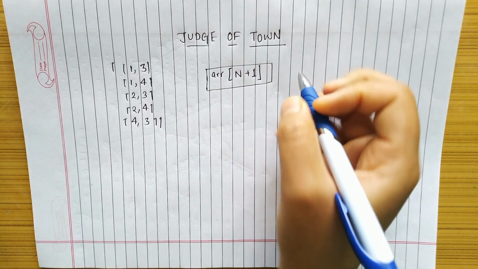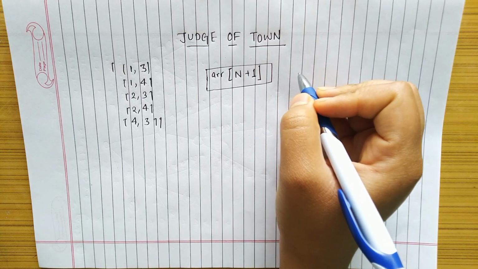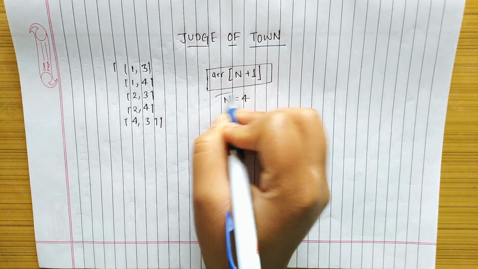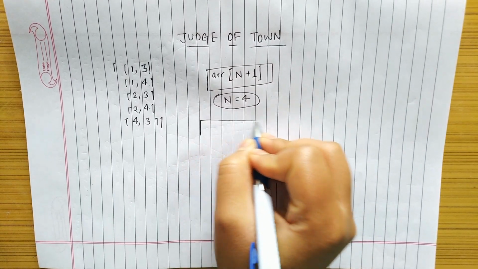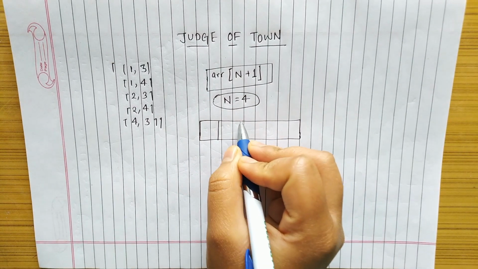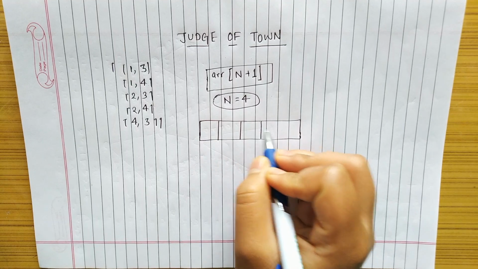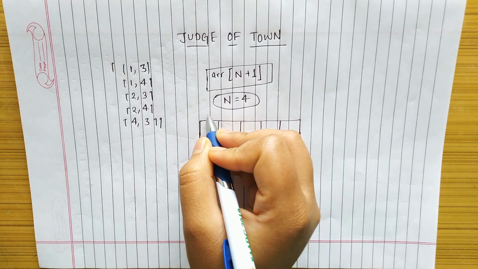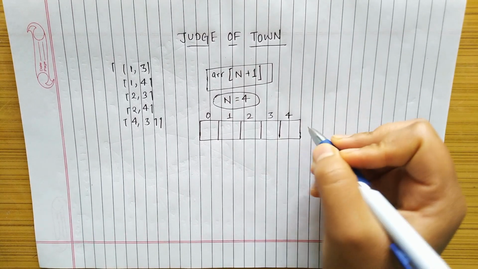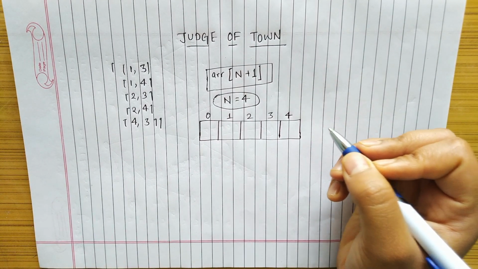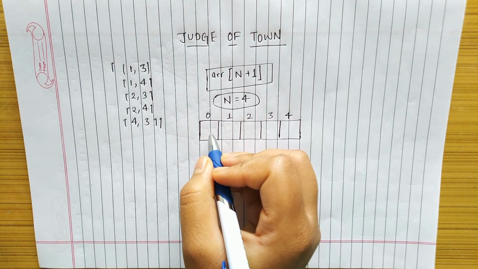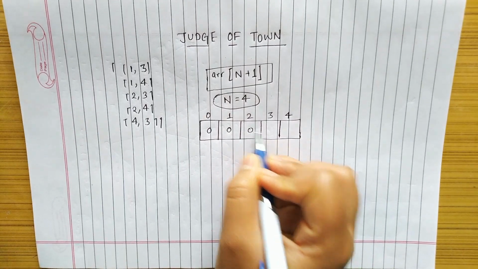First of all we initialize the array with 0s. Suppose n is equal to 4, then we create an array of n plus 1 size, so that means 5, and its indexes will be 0, 1, 2, 3, 4. This is the reason why we are creating n plus 1 size, so that we have it up to 4. Initially we initialize everything to 0.